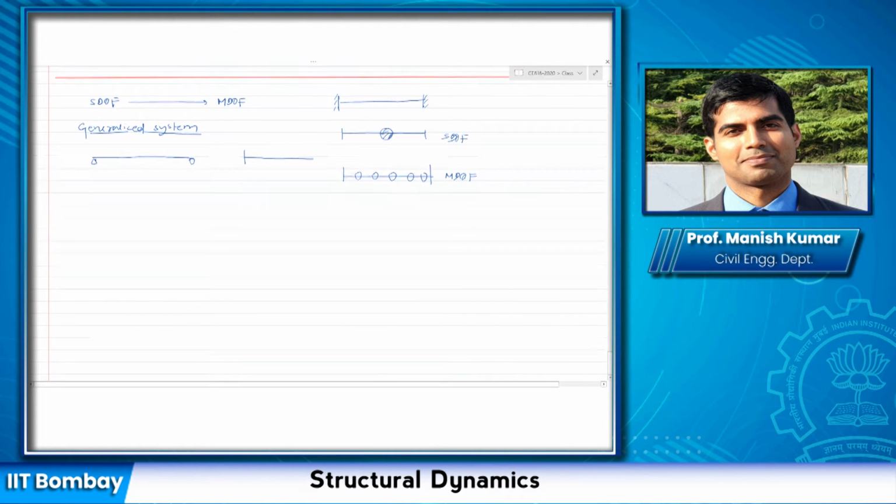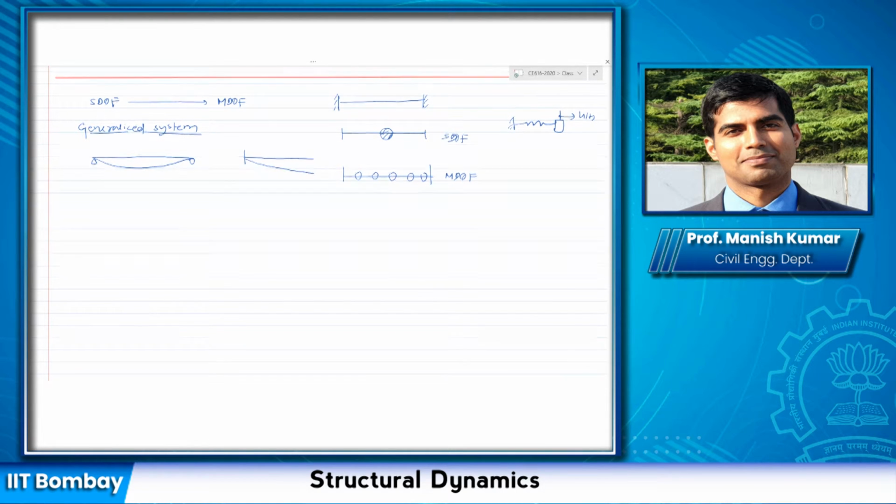And if it is deflecting, then initially for a single degree of freedom system, only the location at which the degree of freedom was defined was important. If you remember, whether it is a spring mass damper system, as long as you were able to find out what is the deformation at this point, it was sufficient.